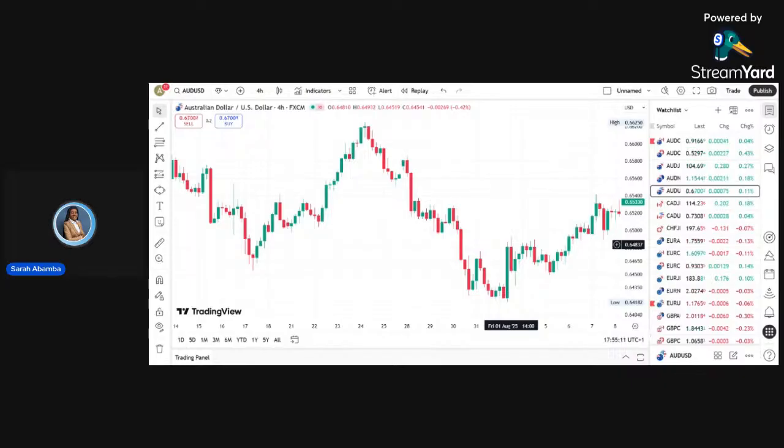Is it clear? Are these engulfing patterns clear enough? Let me know if it is clear enough.